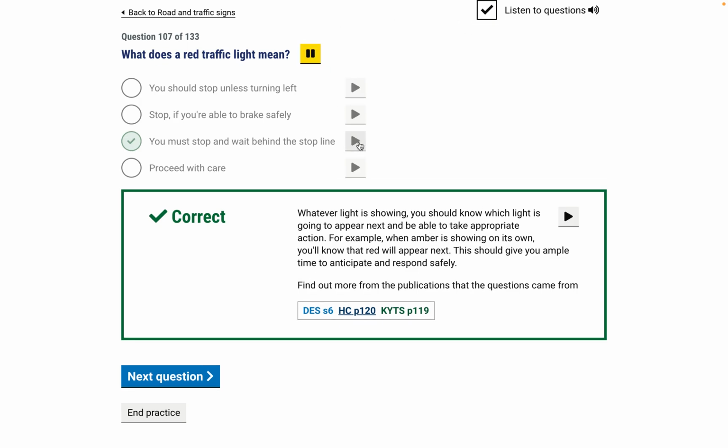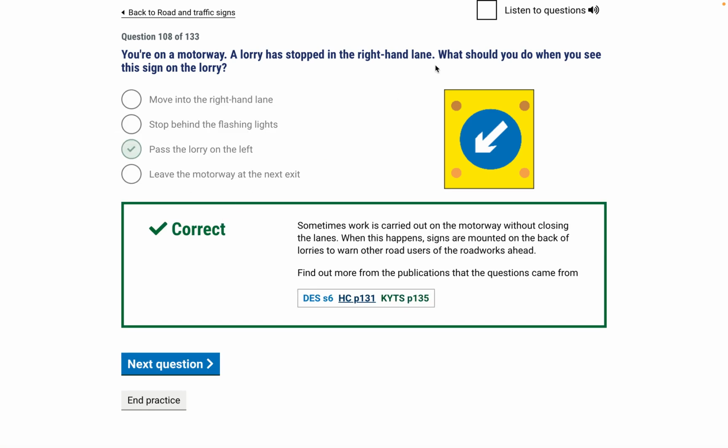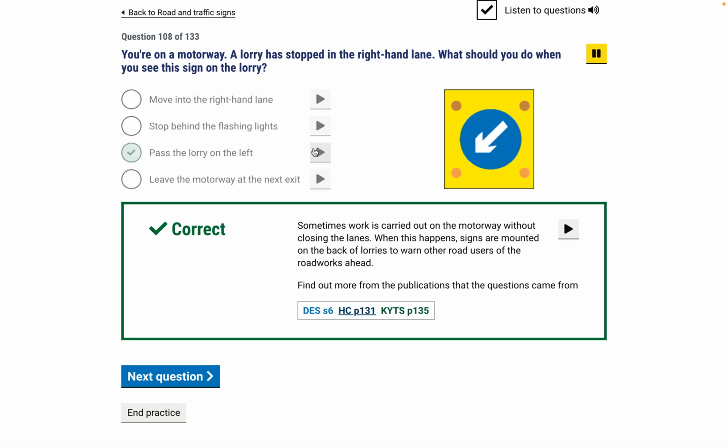What does a red traffic light mean? You must stop and wait behind the stop line. You're on a motorway. A lorry has stopped in the right-hand lane. What should you do when you see this sign on the lorry? Pass the lorry on the left.